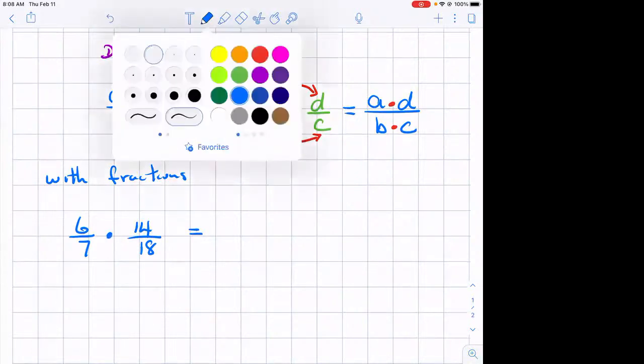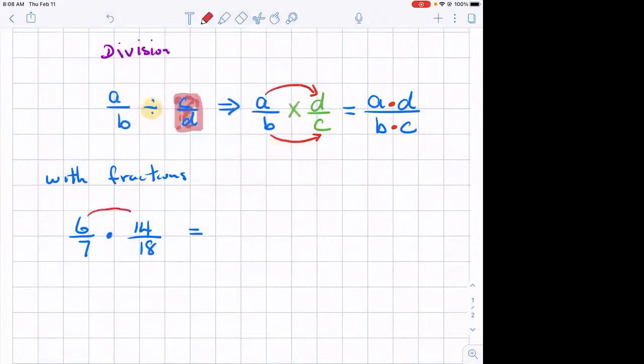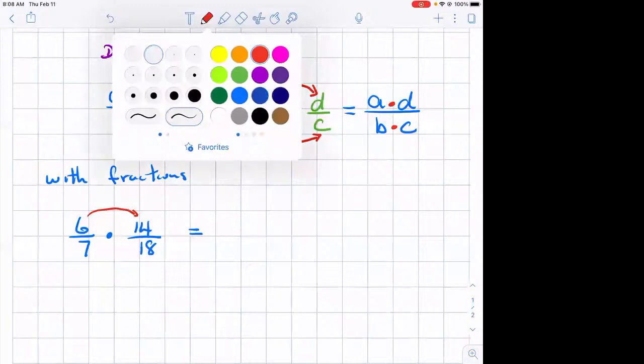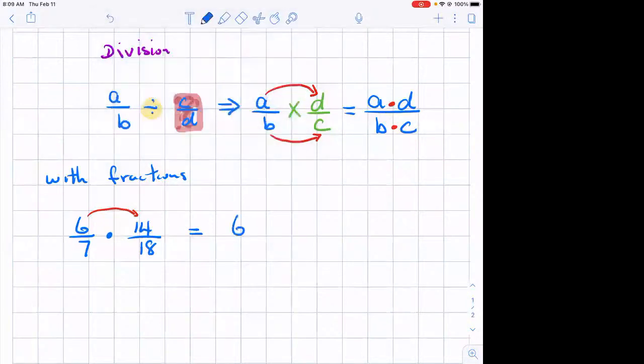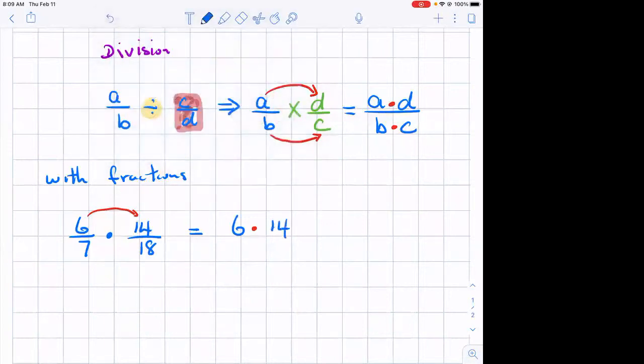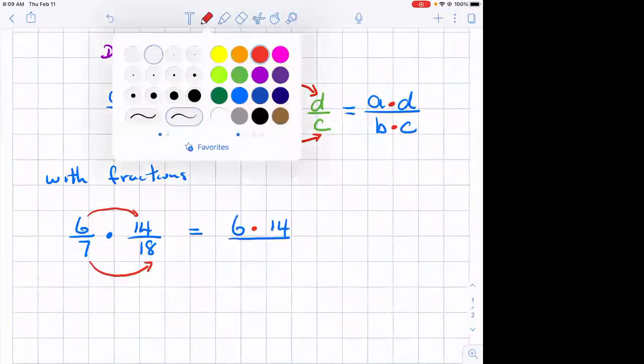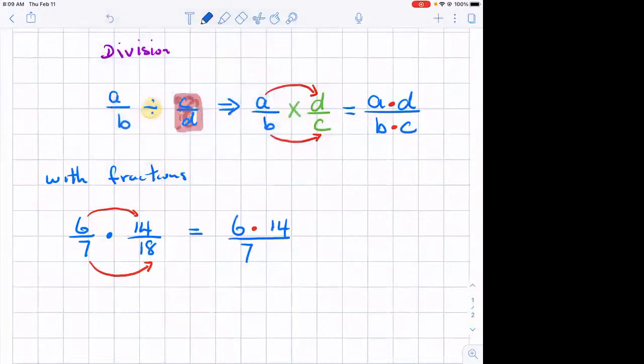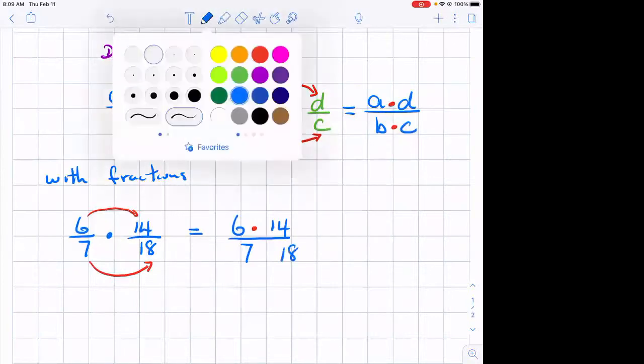You can multiply 6 times 14, so here we have 6 times 14 divided by 7 times 18. We multiply them.